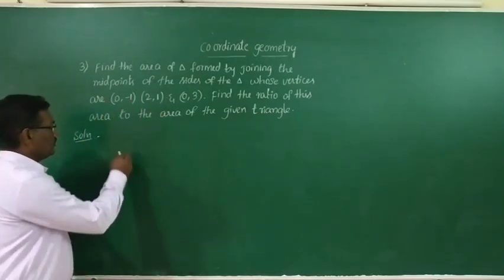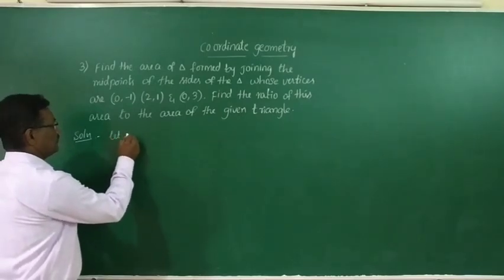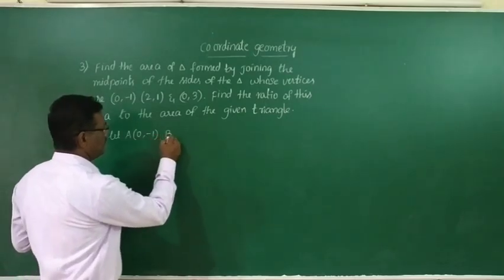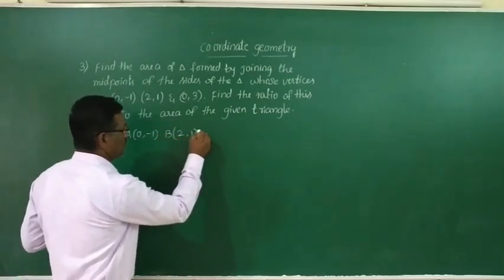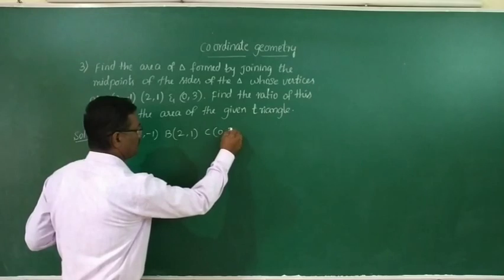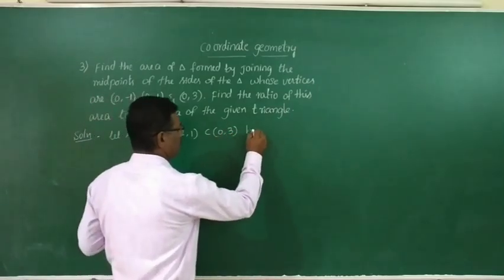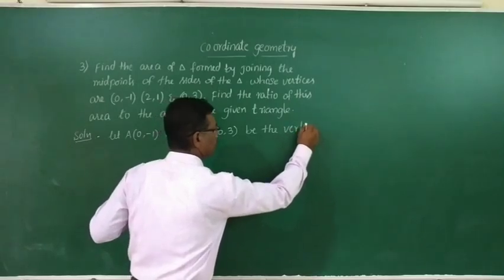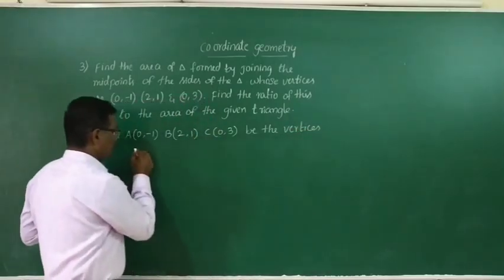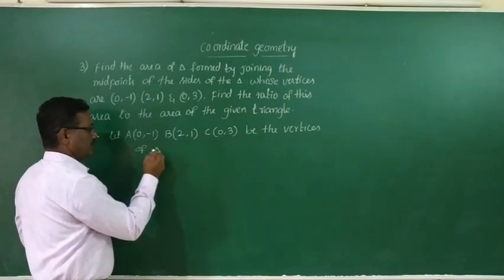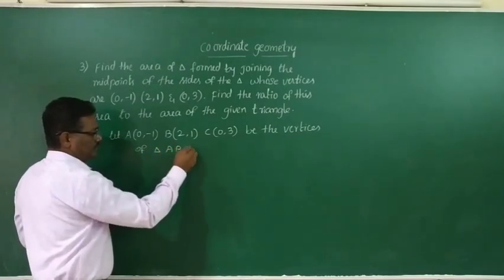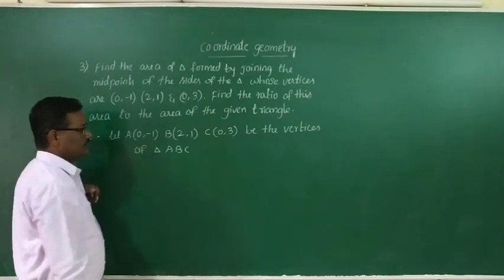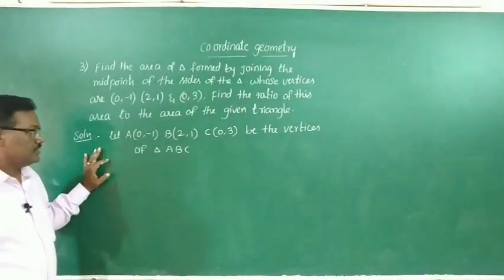Right? Now, let A be 0, minus 1, B be 2, 1, C be 0, 3, be the vertices of triangle ABC. Because we have taken A, B, C, these are the vertices they have given.